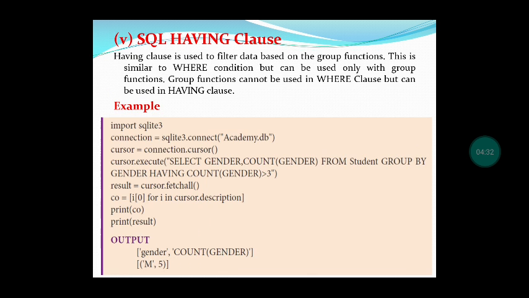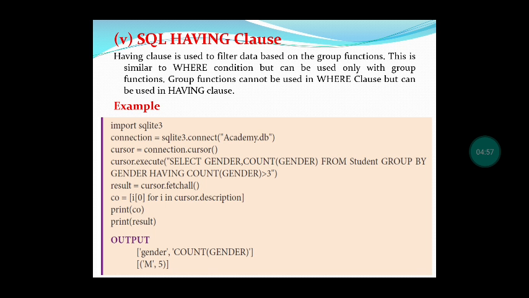Next clause is having clause. This having clause is the same as the where clause. It filters the data based on the group information. In this example, select gender, count of gender from student group by gender having count of gender greater than 3.